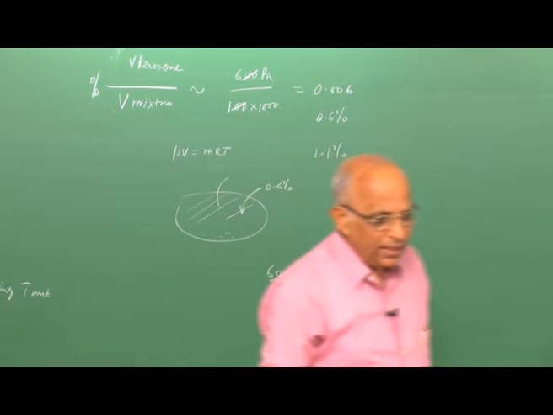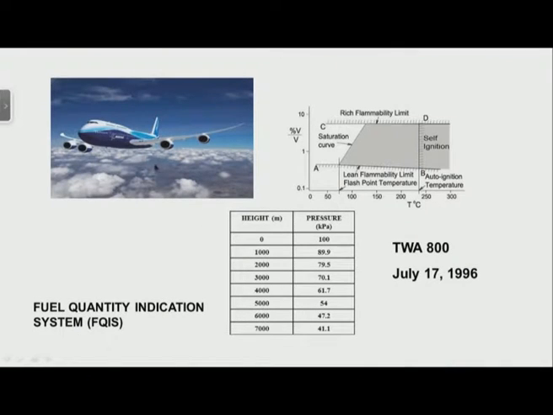If you look at any fuel tank, maybe the central wing fuel tank or any other fuel tank, what happens is you have in the fuel tank some measurement device to know how much kerosene fuel is available. For that you use something known as a fuel quantity indication system, that is FQIS.